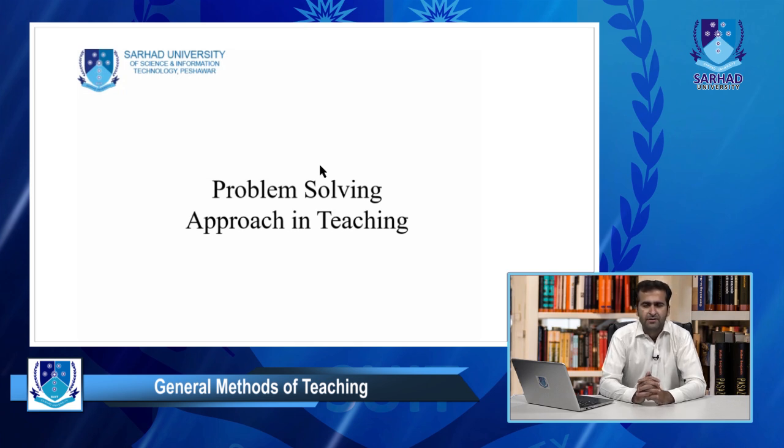Now the teaching pattern of each and every subject is different from others. For example, if a teacher wants to teach English language, the teaching of English is different from that of Urdu. Similarly, teaching of Urdu is different from teaching of mathematics. Similarly, teaching of Islamiyat is different from teaching of biology, physics, chemistry.